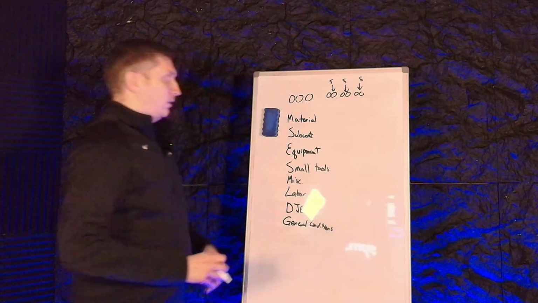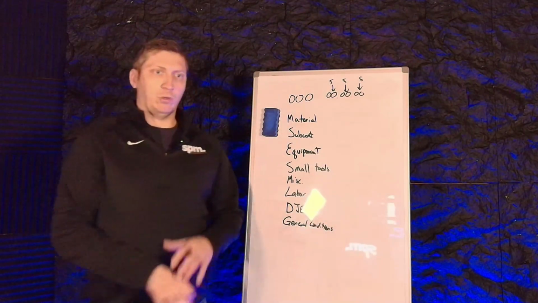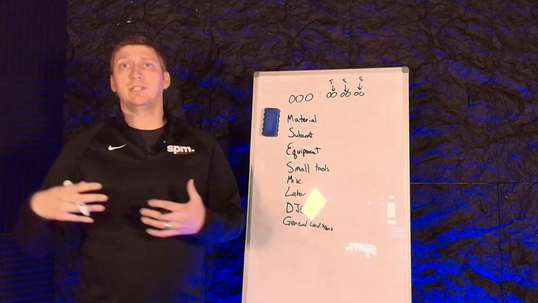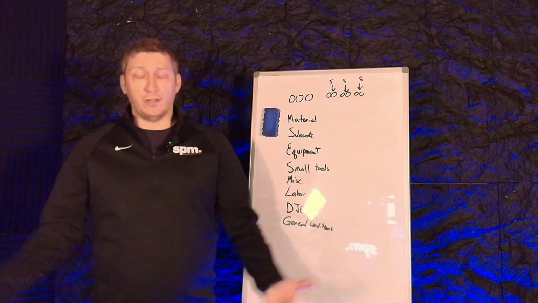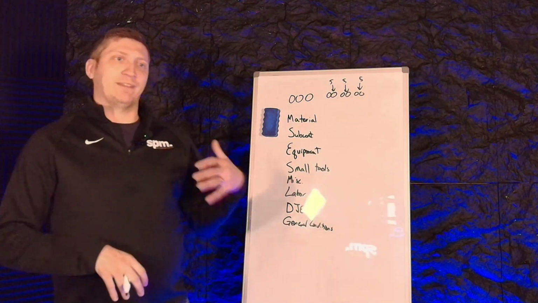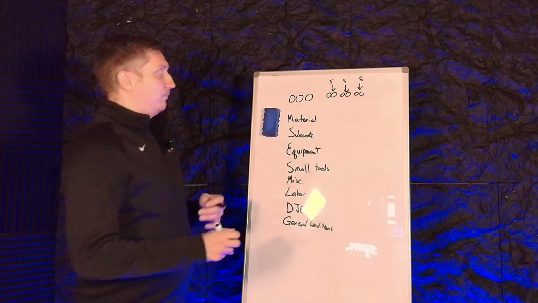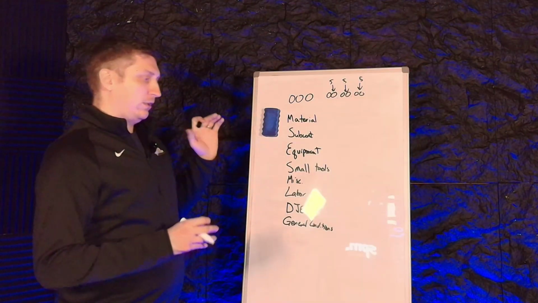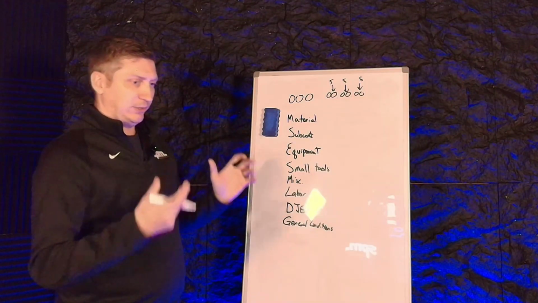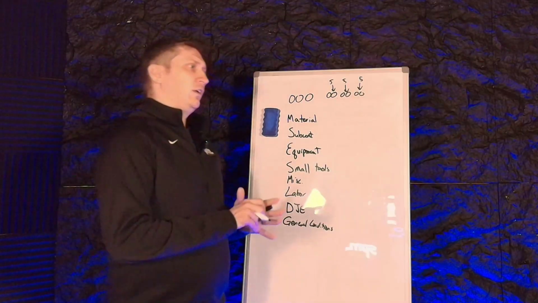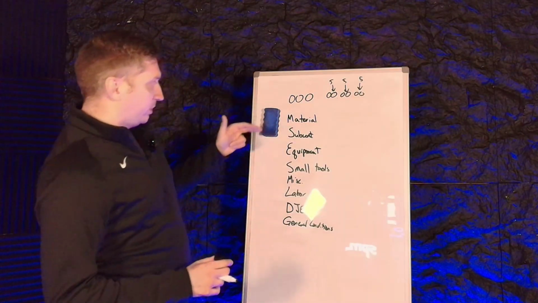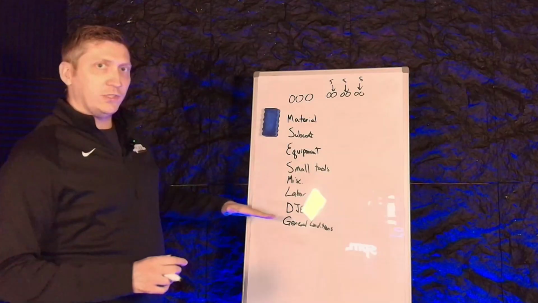In my time working for 10 different companies doing job costing, and now building it for over 100 different companies, we always have to think about these in buckets. So instead of putting a cost code for, some people like to do this. You're doing civil work, excavation work. They want to say dirt work. And then you have material, subcontract, equipment, small tools. All of those is a subcategory.